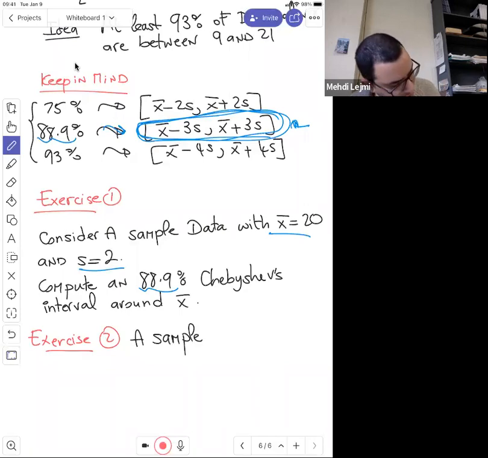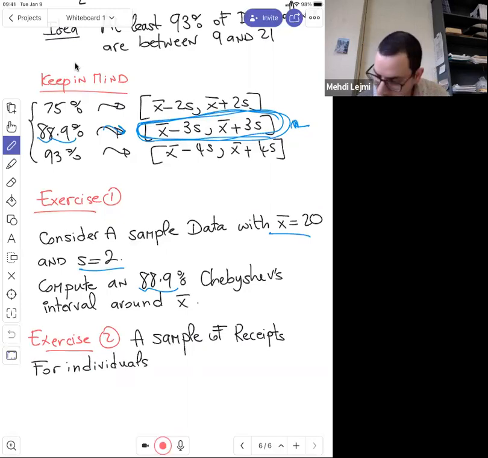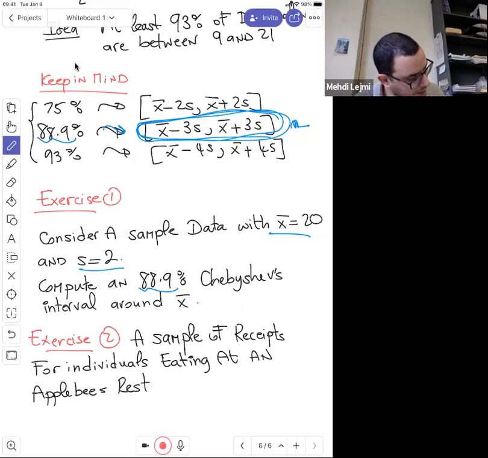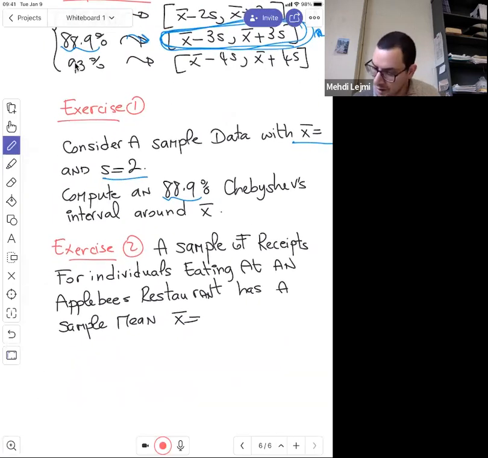A random sample of receipts from four individuals eating at Applebee's restaurant had a sample mean x bar equal to $10.38.